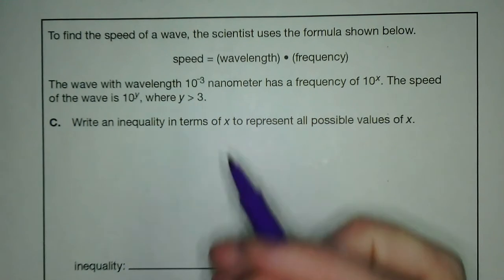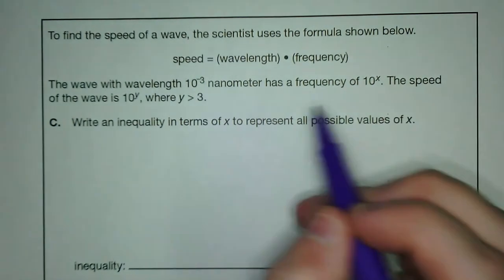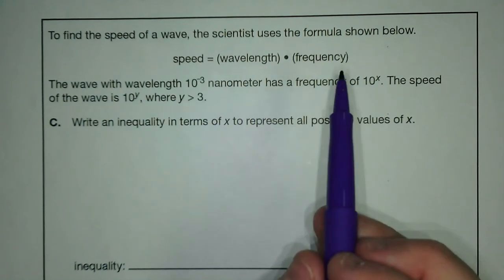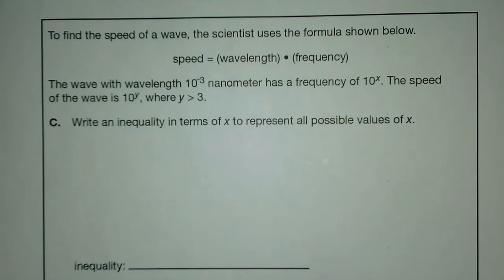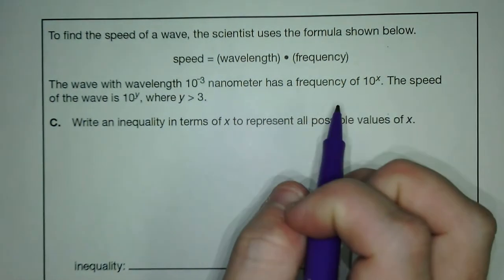We've got this x variable and then 10 to the x and 10 to the y, and an inequality and all this speed and wavelength and frequency, all a little intimidating at first, a little bit hard to organize your thoughts and a plan and keep trying to wrap your brain around this thing in its entirety. But look, just don't give up.